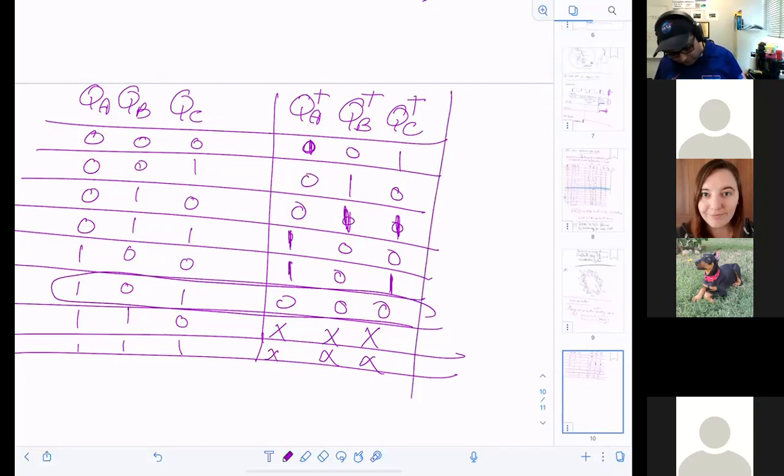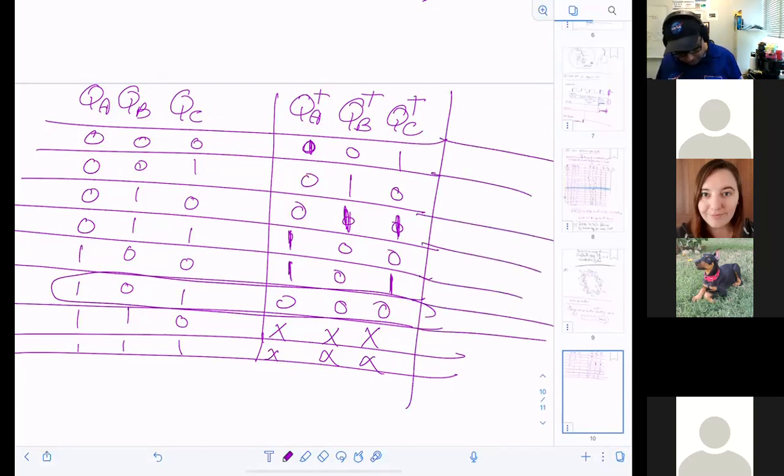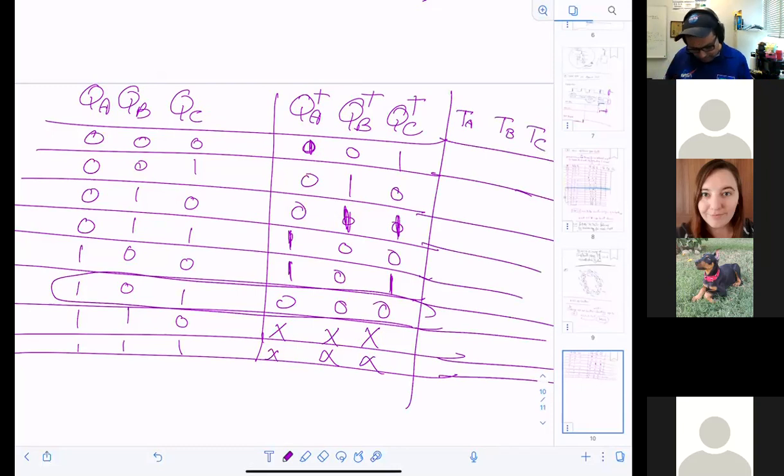So for instance, if you go like this, and here is TA, TB, TC, can you just make them X's? I think it will be X, yes. Here is 0, 0. Here is 1, here is 0, here is 1.